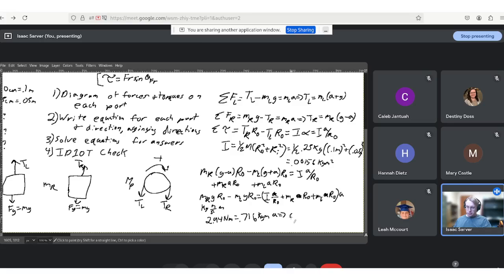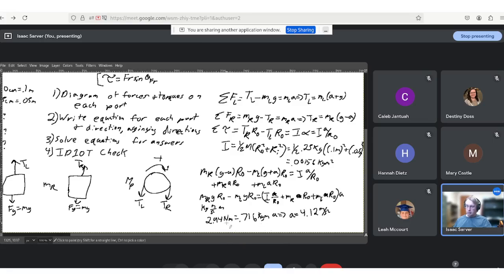So acceleration is 2.94 divided by that, 4.12 meters per second squared.